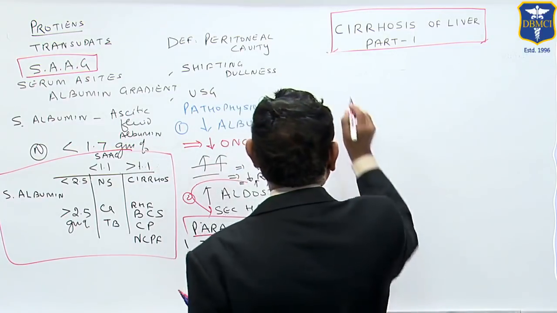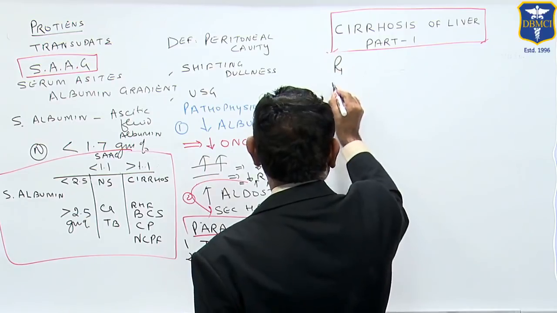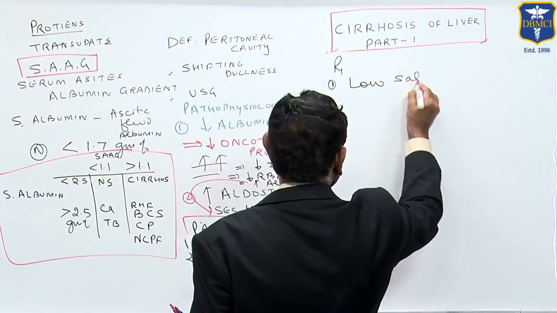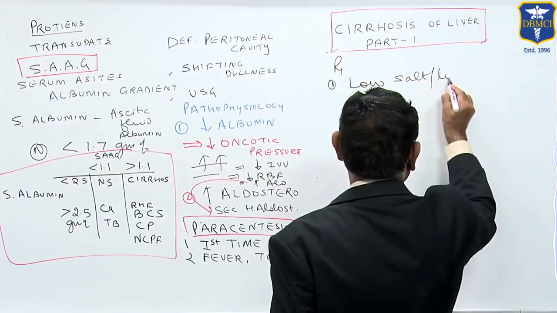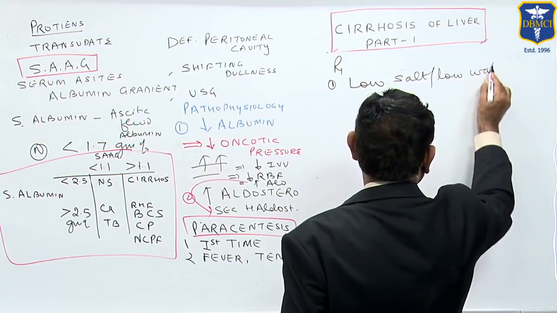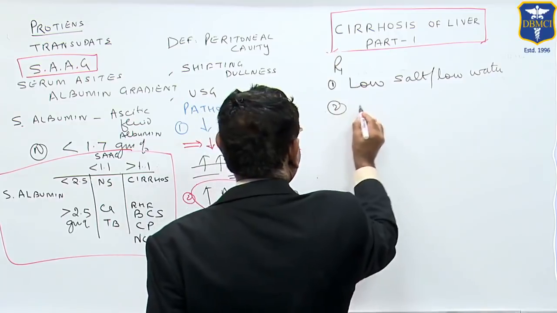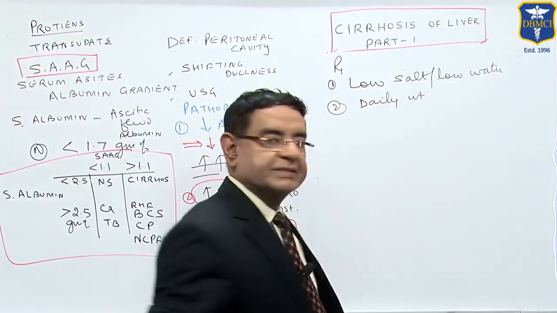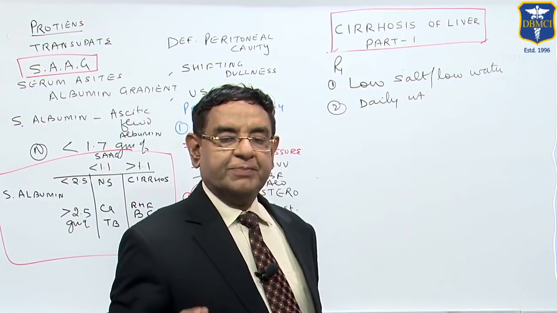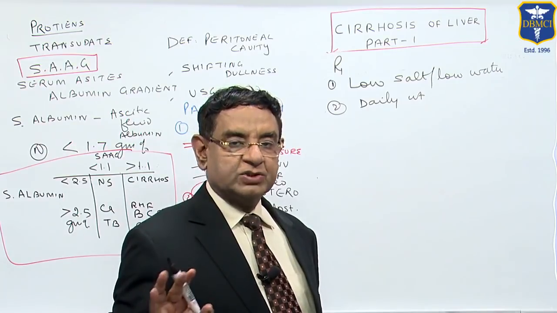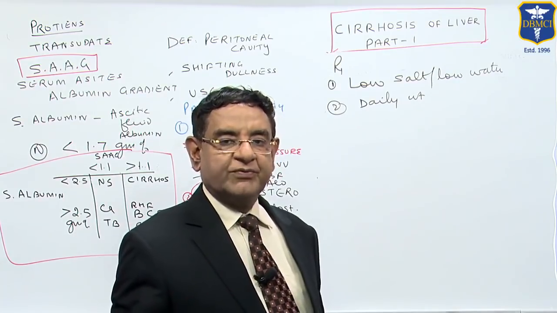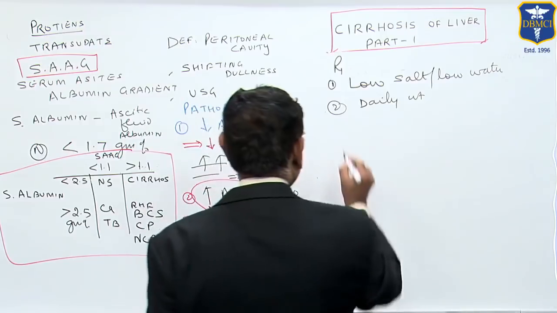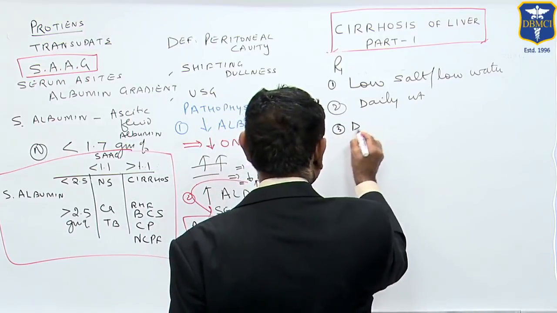Management of ascites, first of all, is low salt, low water intake, and daily patient weight checking is mandatory. If the patient has reduced water and salt intake, usually the patient loses weight by about 500 grams per day. Of course, we also use diuretics.